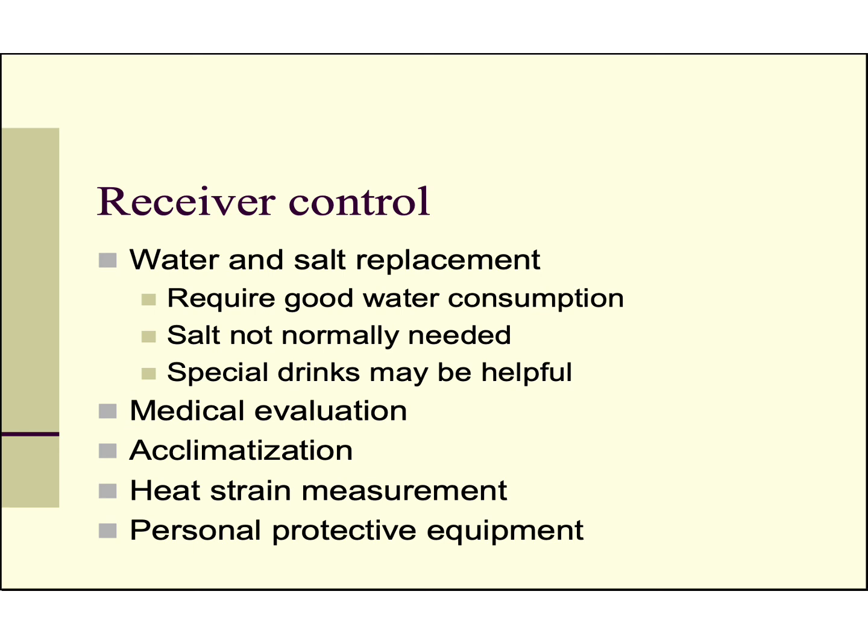Other elements of receiver control, as listed here, would be medical evaluation of some of those personal factors we talked about, acclimatization, heat strain measurement like measuring temperature, heart rate, or water loss, and then lastly, personal protective equipment, which we'll discuss in the next couple of slides.